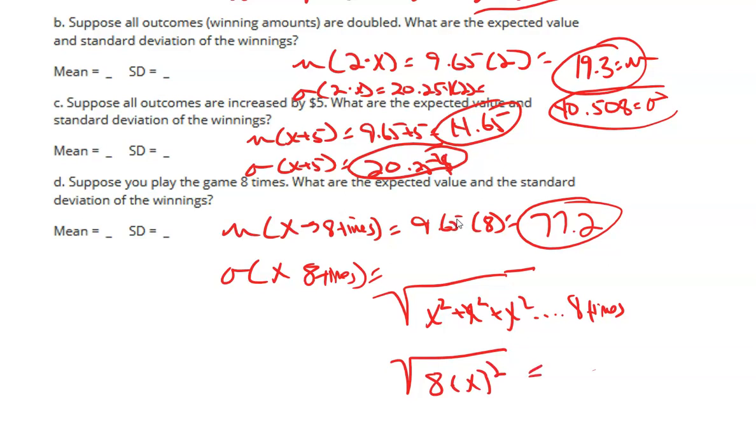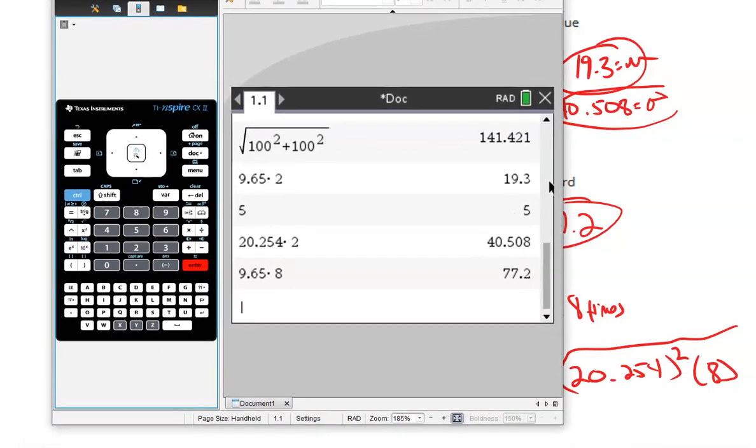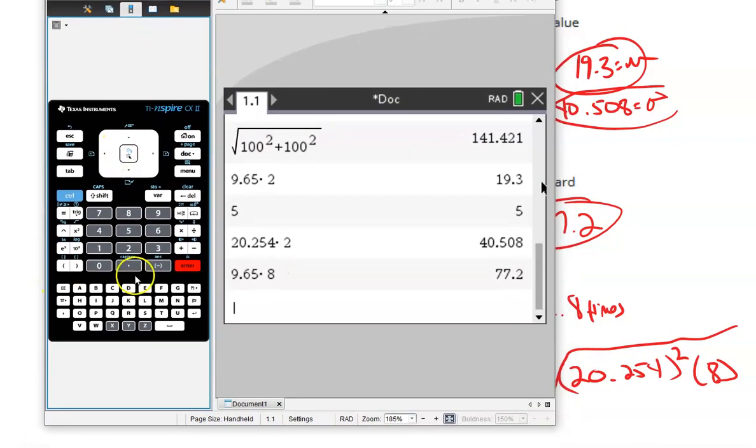So it would be 20.254 squared times 8, and square root all of that. Anytime you just do the same event multiple times, you square that standard deviation and then multiply by the number of times that you do it. Instead of just adding 20.254 squared 8 times, you just multiply by 8, which is the same thing. You can write it out 8 times in your calculator if you want to, but I would not advise that.